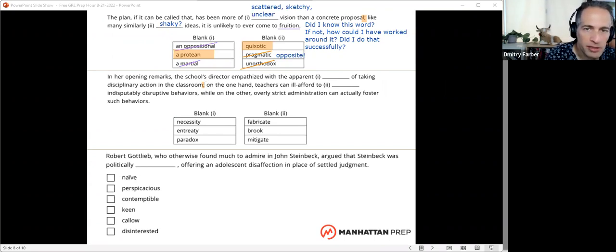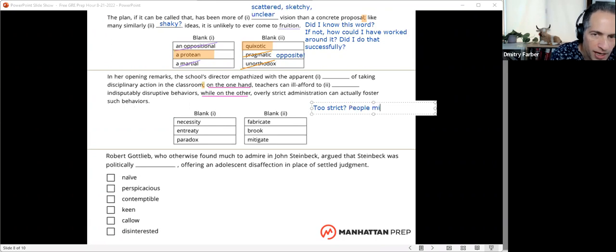And one really big clue here is that they say on the one hand, while on the other. So they're giving us a contrast. On the one hand, teachers can ill afford to blank disruptive behaviors. On the other hand, overly strict administration can actually foster such behaviors. So we have to kind of compare, right? If you're too strict, people misbehave, right?